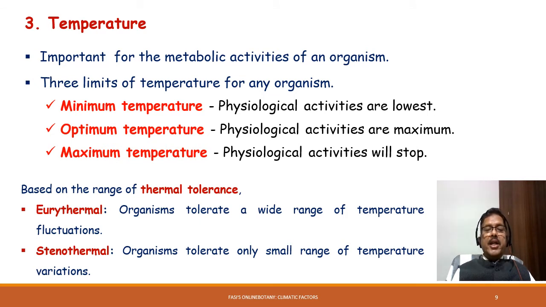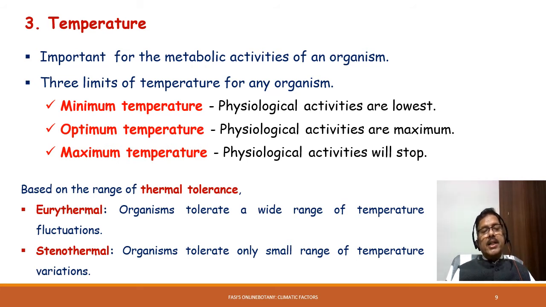Based on the range of thermal tolerance, organisms are divided into two main types. Eurythermal, that is organisms which can tolerate a wide range of temperature fluctuations, for example Zostera, a marine angiosperm.